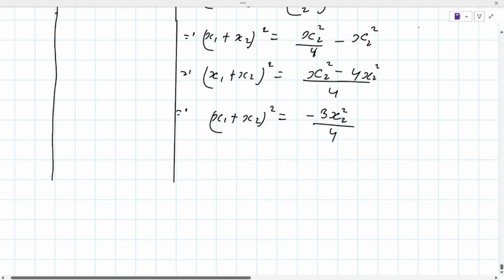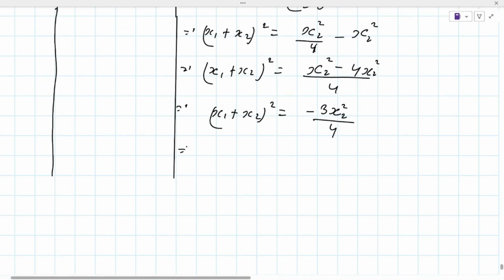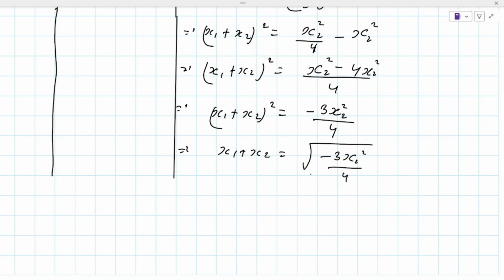And we can write x1 plus x2 equal to root under minus 3x2 square by 4.